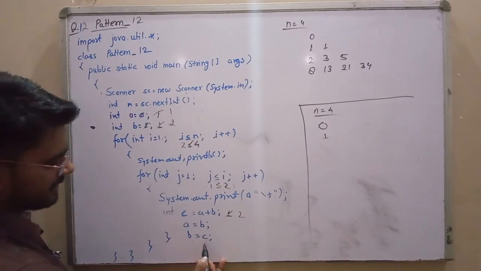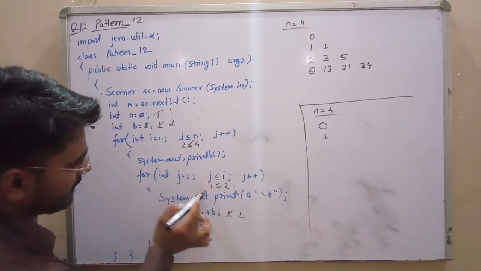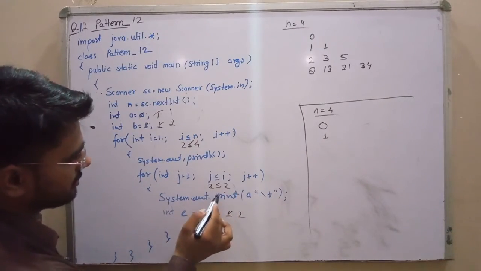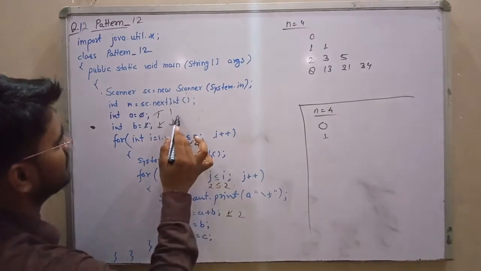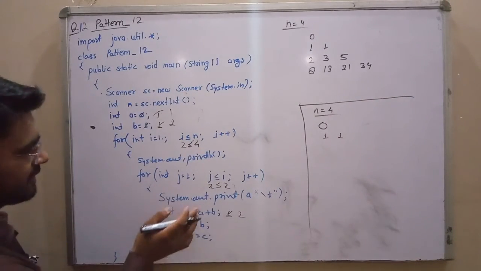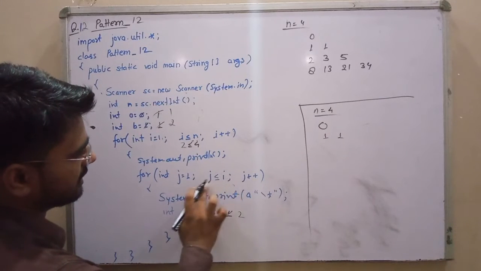Okay, after this again j plus plus, so j is 2, less than or equal to 2. Yes, condition satisfied, print a, whose value is also 1, so print 1. Okay, and after this j is 3, the condition is not satisfied, 3 is not less than or equal to 2.